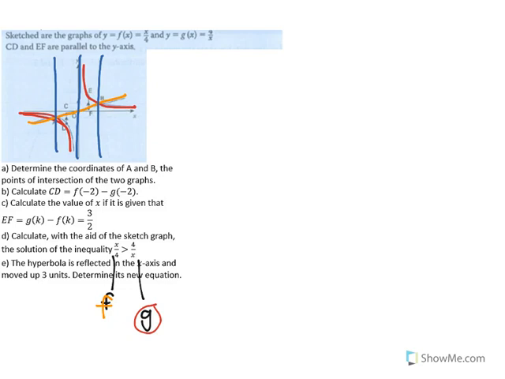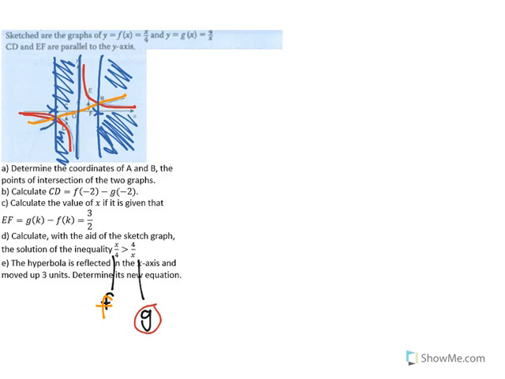So the places where F is bigger than G, or the straight line is above the hyperbola, is over here, and it's over here. And the key to knowing what is this x value, what is that x value, well, the points of intersection will tell us that.